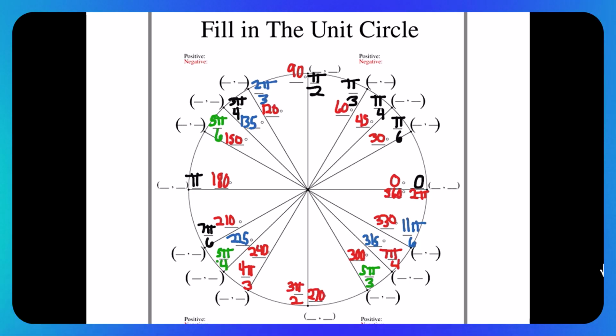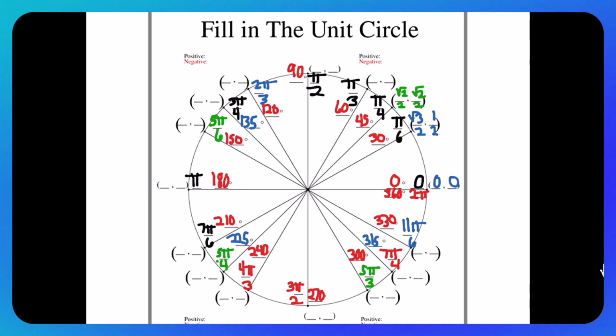Now what we found when we did special triangles last year is we found coordinates that correspond with each of these points. So this one is 0, 0. This one here is root 3 over 2, comma 1/2. This one here is root 2 over 2, comma root 2 over 2.